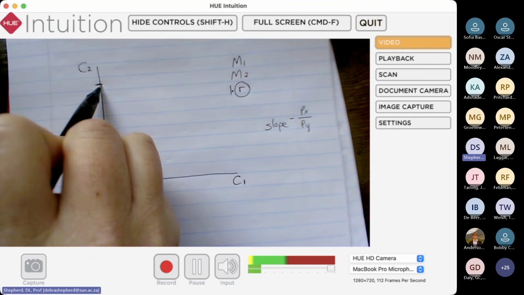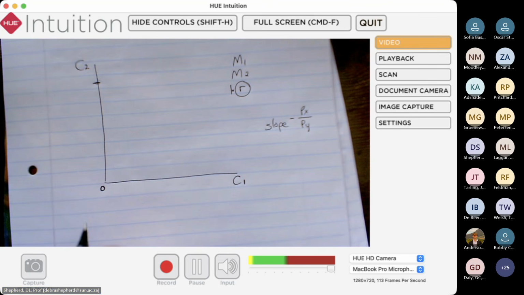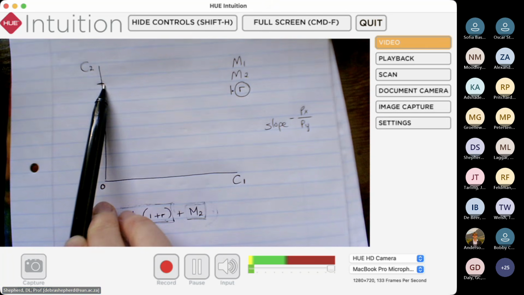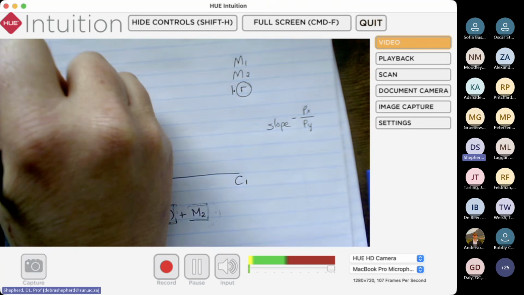So our y-intercept is going to be M1 times 1 plus R, plus M2. So this represents us putting all of our income from period 1 into the bank, and this is our future income. So this is M1(1 + R) + M2.